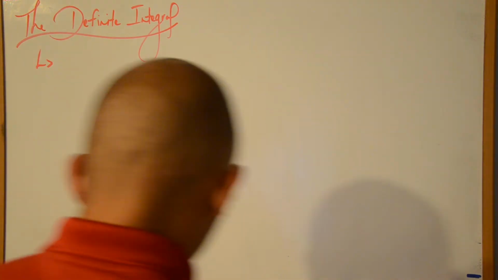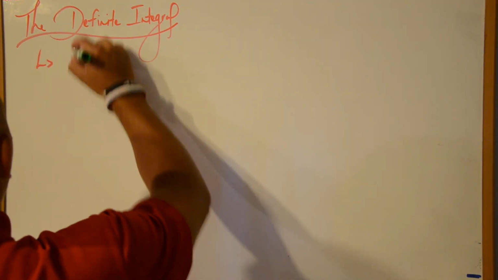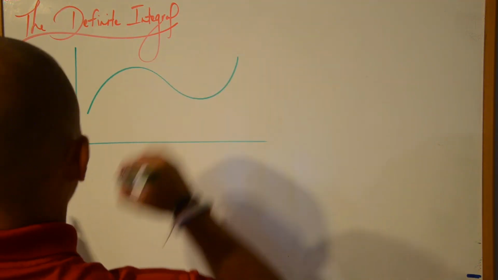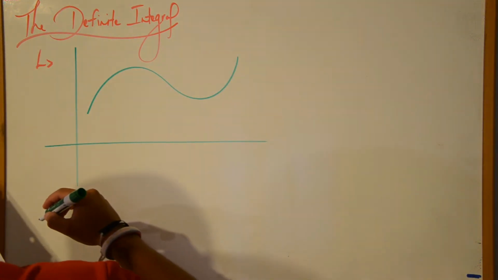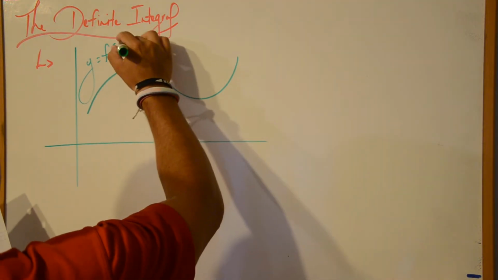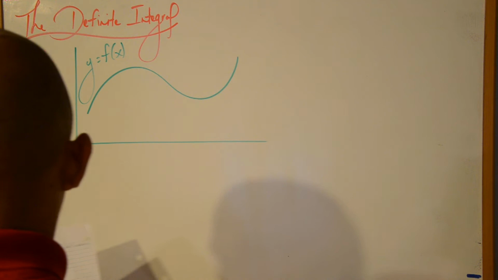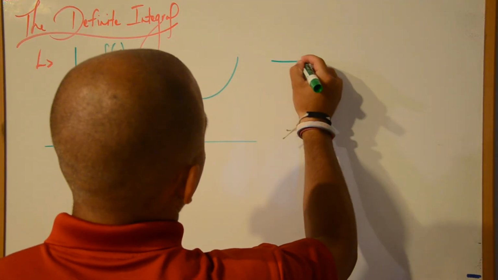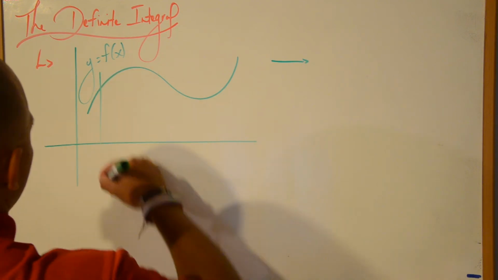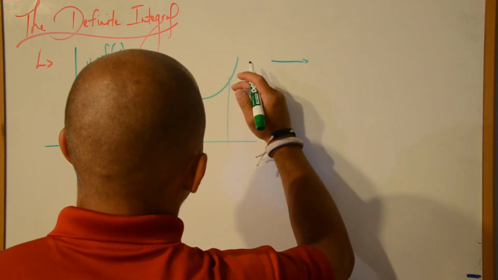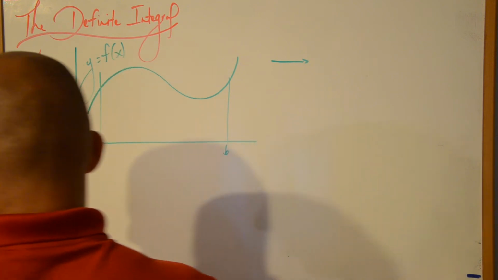So, when we are performing this process of integration, we are taking some type of function, f of x, and what integration is doing is, let's say we have some bounds a, and some bounds here, b, right?